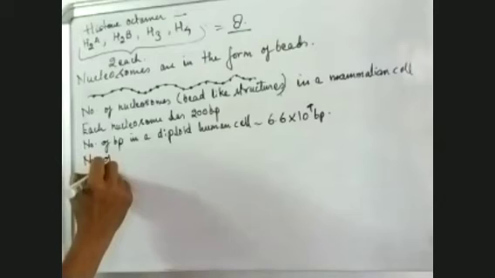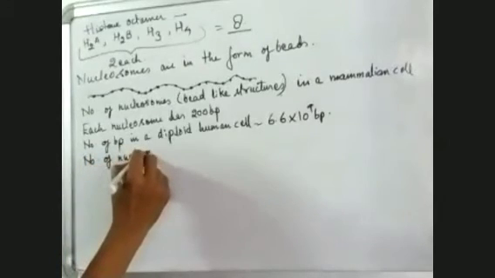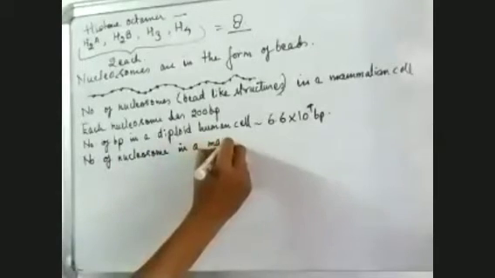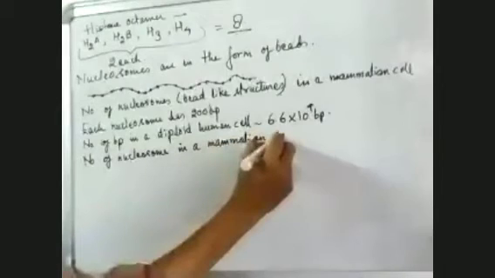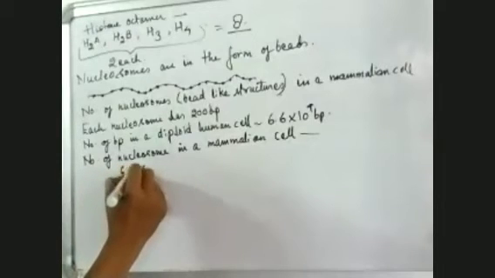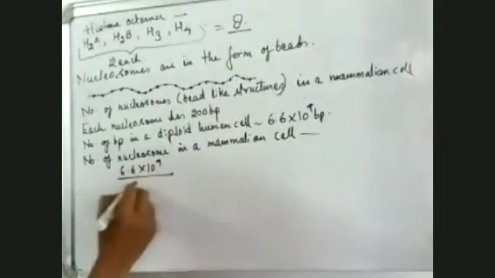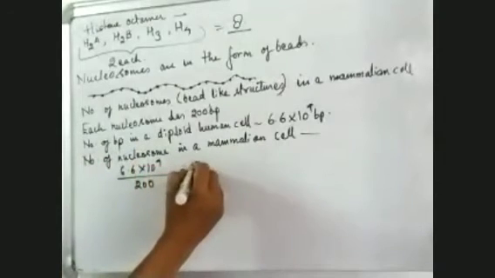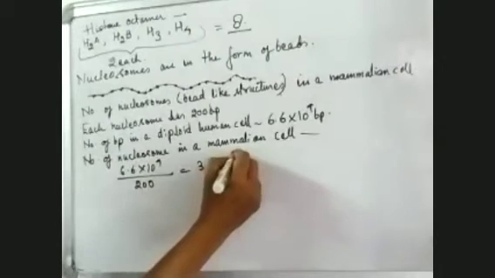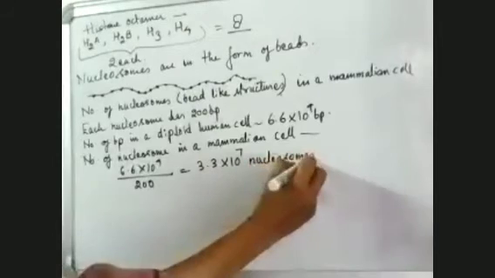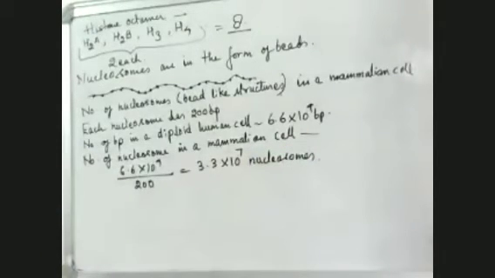How are we going to find it? It will be 6.6 into 10 raised to power 9 over 200, and it gives you 3.3 into 10 raised to power 7 nucleosomes. So many nucleosomes are present in the mammalian cell.